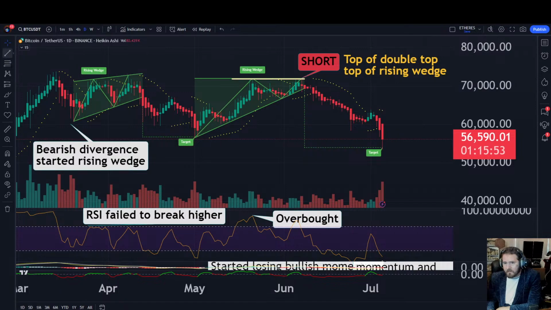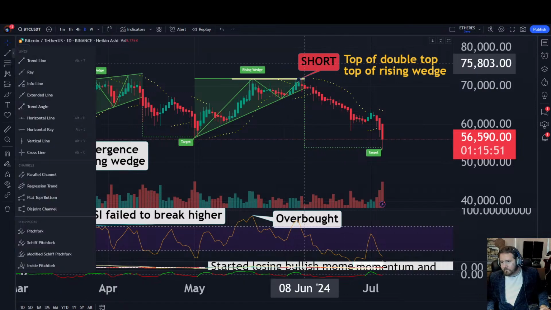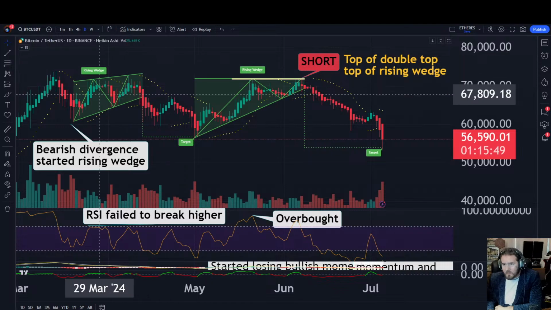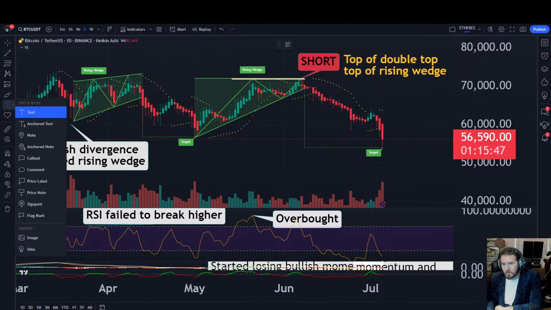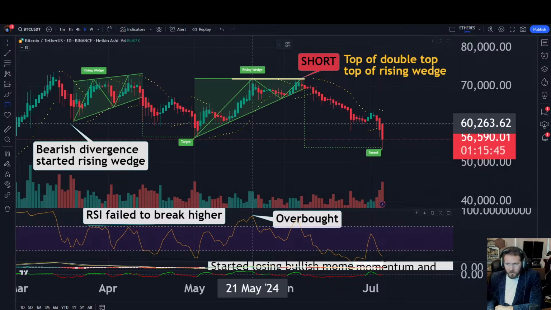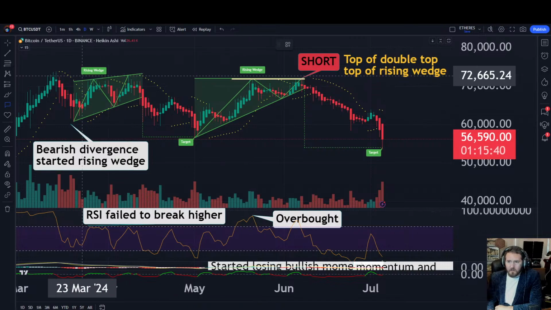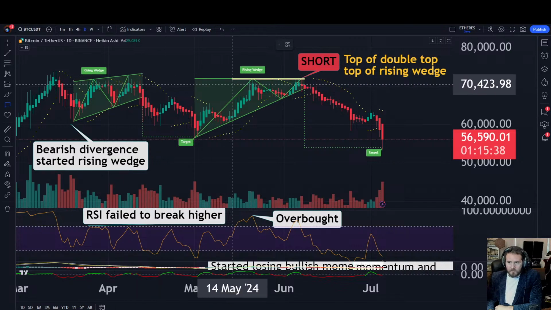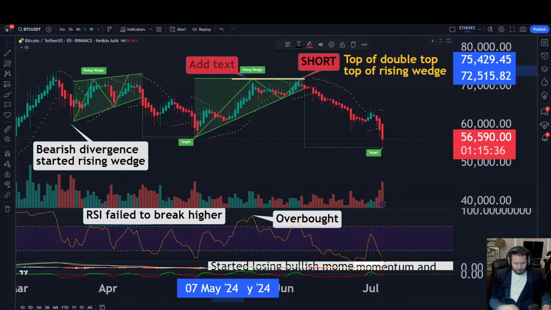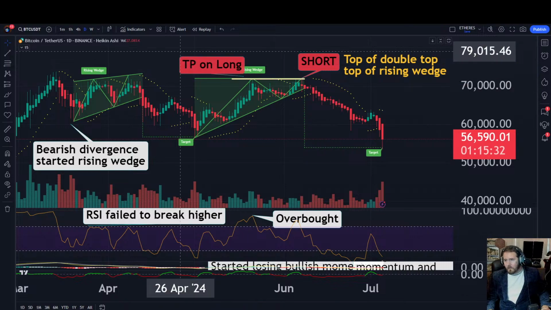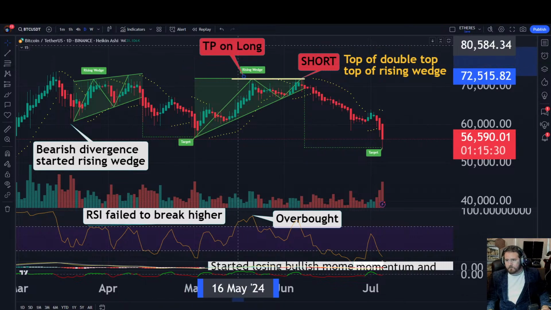That was the main thesis of shorting. And then right here, you would have taken profits on the long, but we're overbought and we're in the rising wedge. And this was also near a previous double top. So you would have taken profit on long.